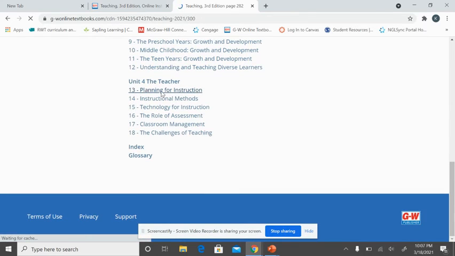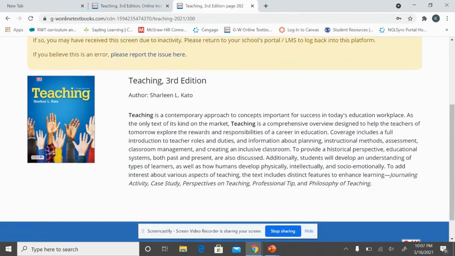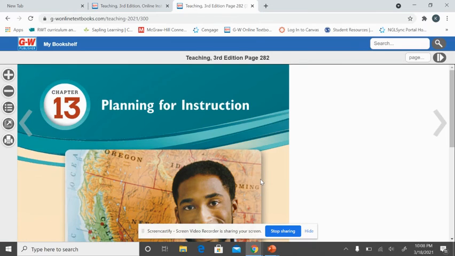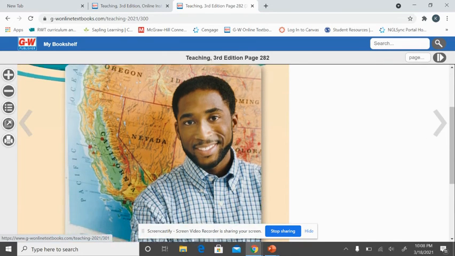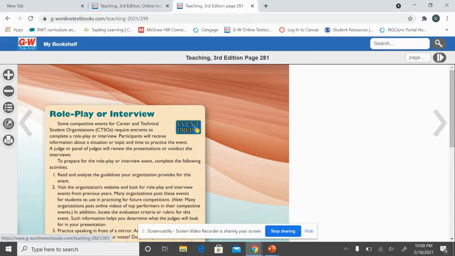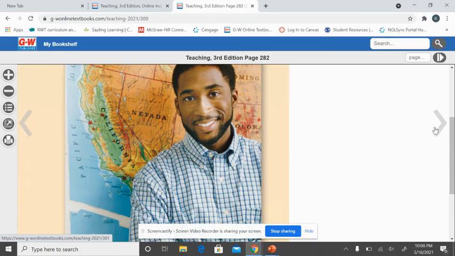Just going to click on one chapter. This is chapter 13, Planning for Instruction. You can see there's lots of activities where students get an opportunity to role play.